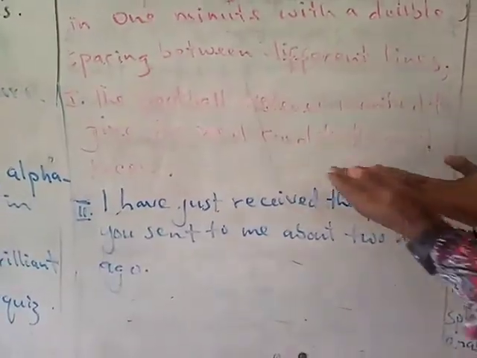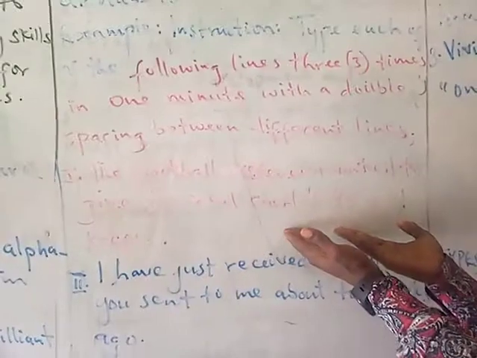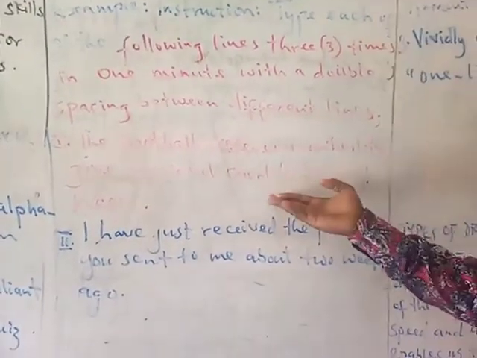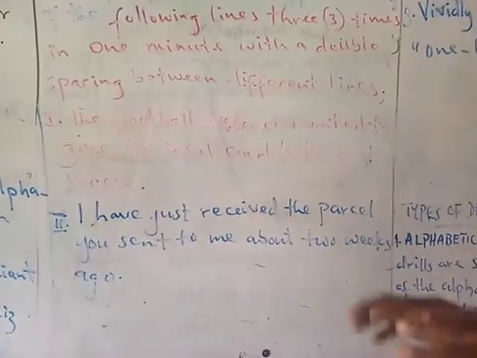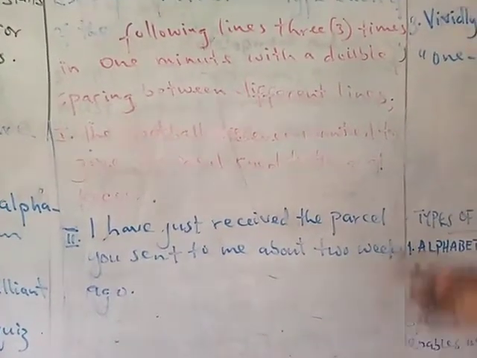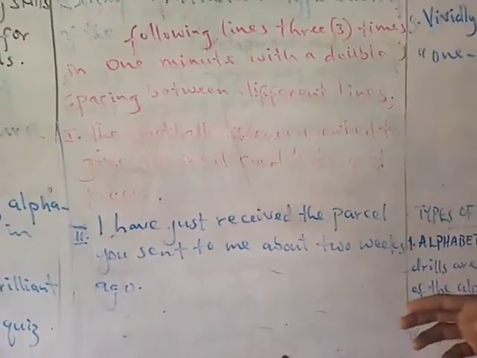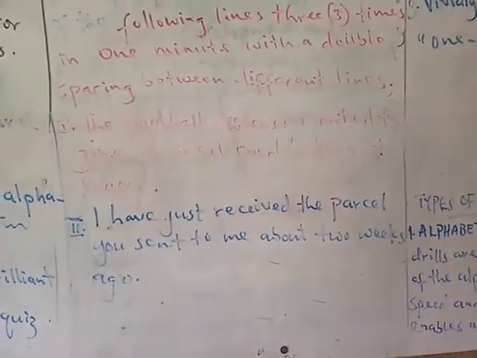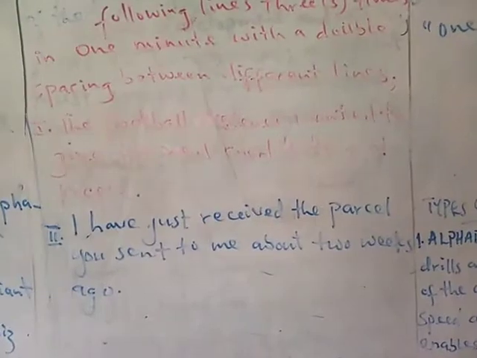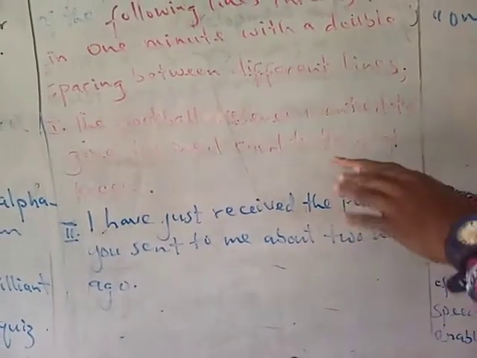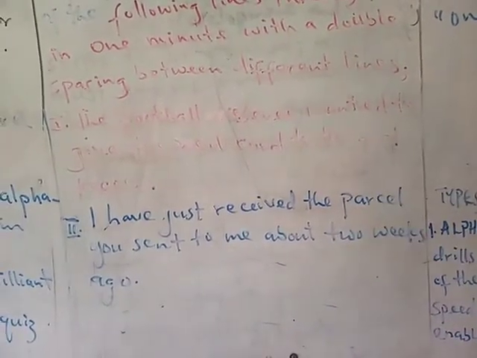When you look at this example under the one-line sentence drills, you see that it doesn't contain all the alphabets like the first one we saw. For instance, we don't have a Z, a Q, or an X. So that is what we mean by the one-line sentence drill.